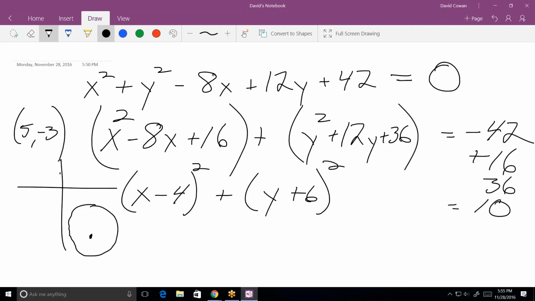And now the point 5 comma minus 3 is on the circle. Could we use that rise over run thing? Well, yeah. This is the same problem as we just finished, except the center of the circle is not the origin. So it makes calculating the slope of the radial line a little more difficult, but not that difficult. That point is 4 comma minus 6.